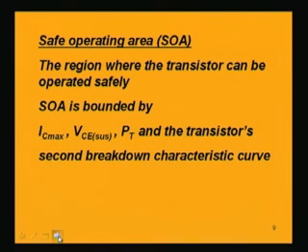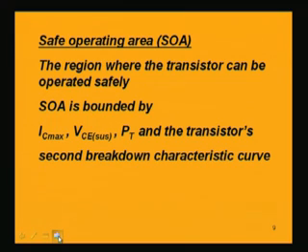This area or region where the transistor can be operated safely is called the safe operating area or SOA, and it is bounded by the three quantities of maximum collector current, maximum collector to emitter voltage, that is the sustaining voltage, and maximum power dissipation, as well as the transistor's second breakdown characteristic curve.